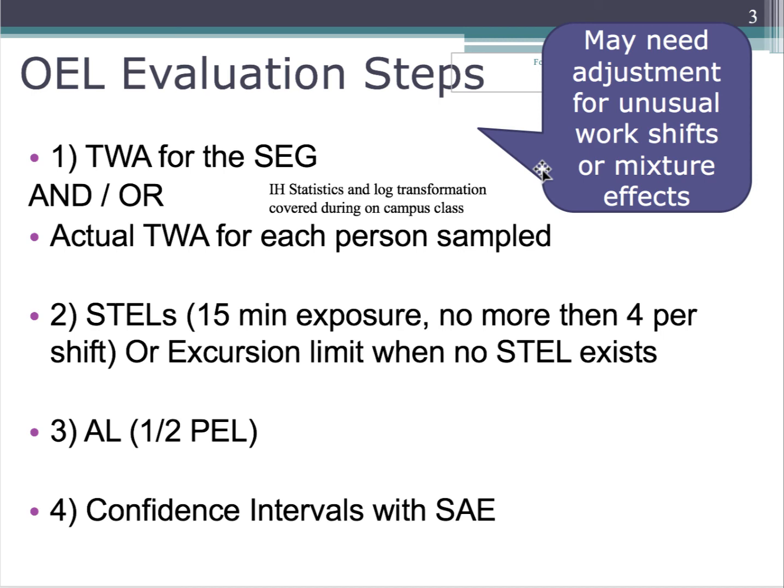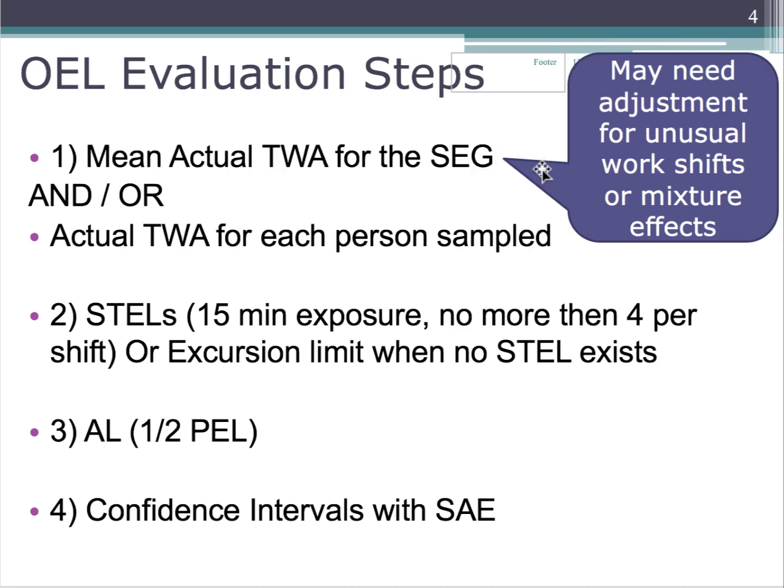So many different ways in which we can evaluate exposure. So briefly to recap, your time-weighted average, half of the PEL to look at whether you've exceeded an action limit or not. And then we could look at our severity and put confidence intervals on them with our standard analytical errors.